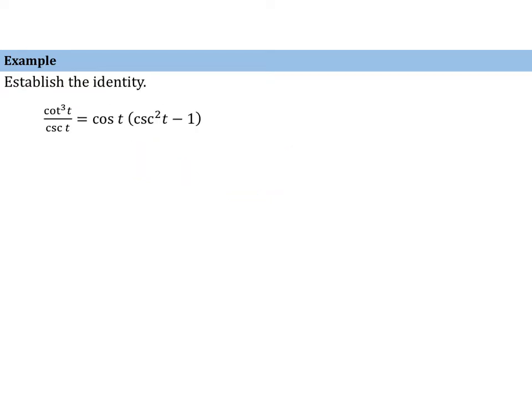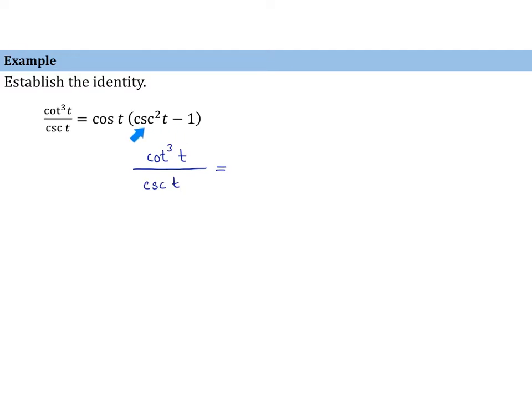Let's look at another. So we'll start with the left-hand side, cotangent cubed of t over cosecant of t. So let's look at the right-hand side and get some perspective. You'll notice cosecant squared of t minus 1 is present.